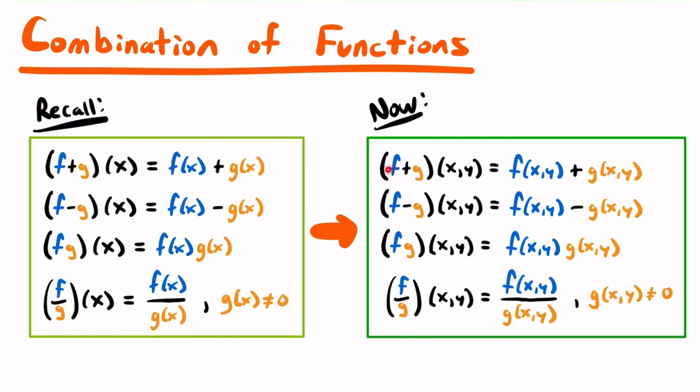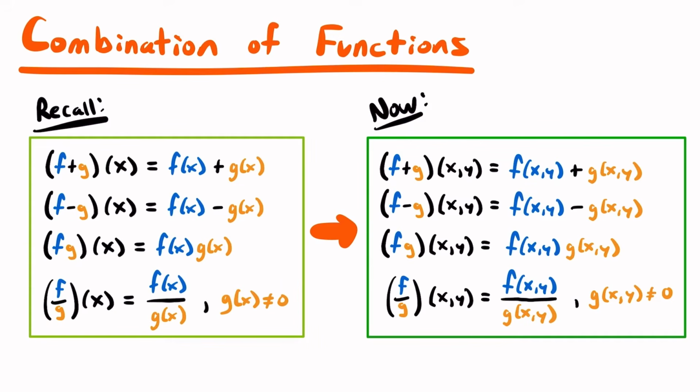You can add two multivariable functions, f and g, and create a new multivariable function, f plus g of x, y. You can add f of x, y and g of x, y. You can also subtract them to create a new function. You can also multiply them, and you can also divide them to create a new function, provided that the bottom function is not 0. g of x, y cannot be 0, otherwise this would be undefined.